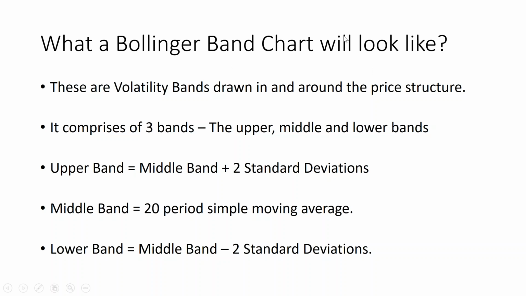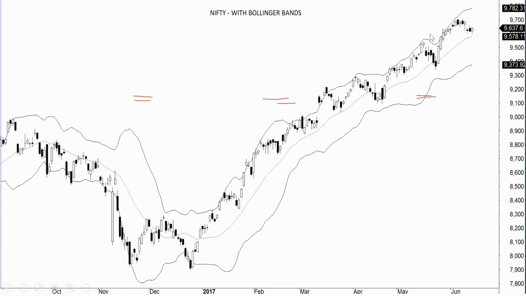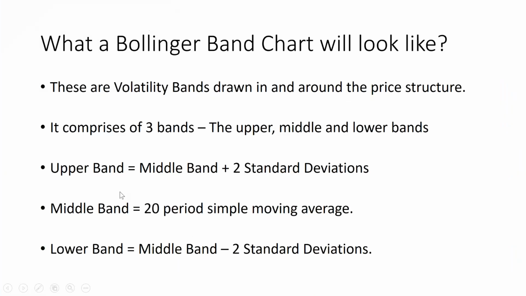So what a Bollinger Band chart will look like, as we saw in the last slide: the volatility bands are drawn around the price structure. Just let me go to the slide. So these are the volatility bands, the two standard deviation bands. This is the middle band, the 20 moving average, and these are the two standard deviation bands. These are drawn around the price, so they can contain the price.